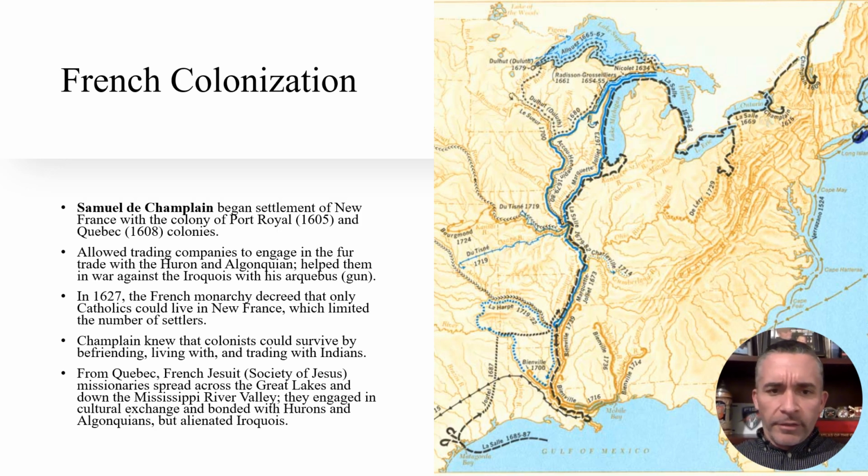the pays d'en haut, or the middle ground, where there was a cultural exchange between Native Americans and the French settlers. So from Quebec, the Jesuits came. The Jesuits, or the Society of Jesus, had been founded in 1534 by Ignatius Loyola, the Spanish nobleman, and the idea of the Society of Jesus was that they were the shock troops of the Catholic Church.